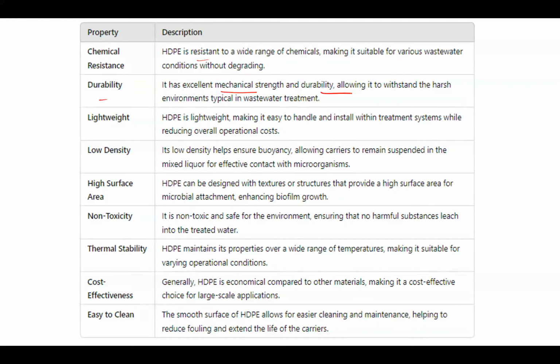Then it is lightweight and easy to handle. Low density ensures buoyancy. Then high surface area, non-toxicity, thermal stability, cost effectiveness, easy to clean. The smooth surface of HDPE allows easier cleaning and maintenance, reduces fouling and extends the life of the carriers. So these are the HDPE benefits.